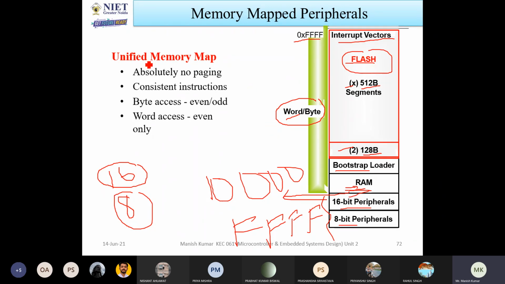First, this is called the unified memory map. It has absolutely no page. All of you know the page. What is the meaning of page? If you are talking about a book, a page is one page, two page, second page, third page, like that. It is a part of the book. In the same way, a page is defined by the sectors of memory.